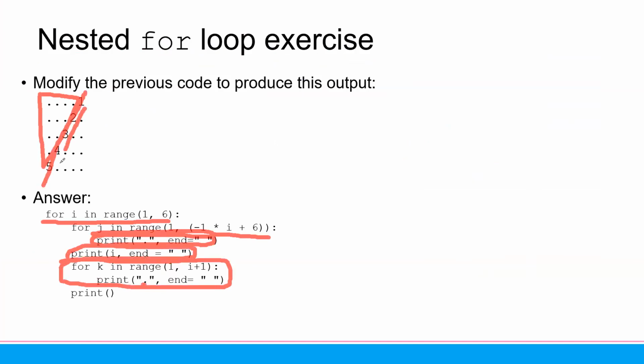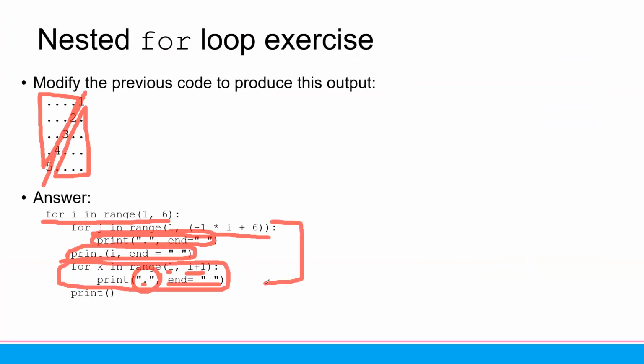The dot will be from 1 until I plus 1. And we will print the dot because we want to print in the next line. After we finish with all this, we will go to the next one.